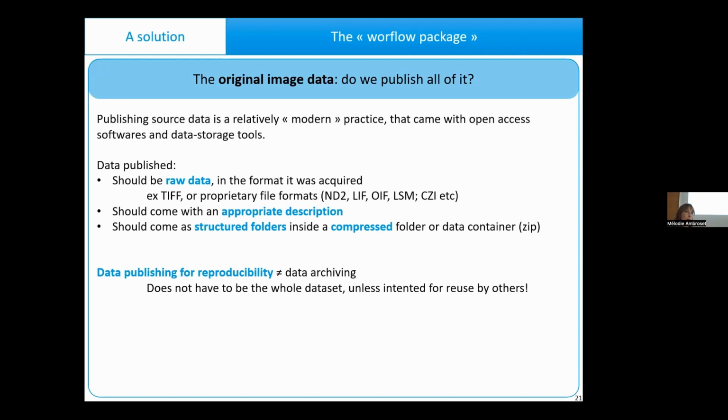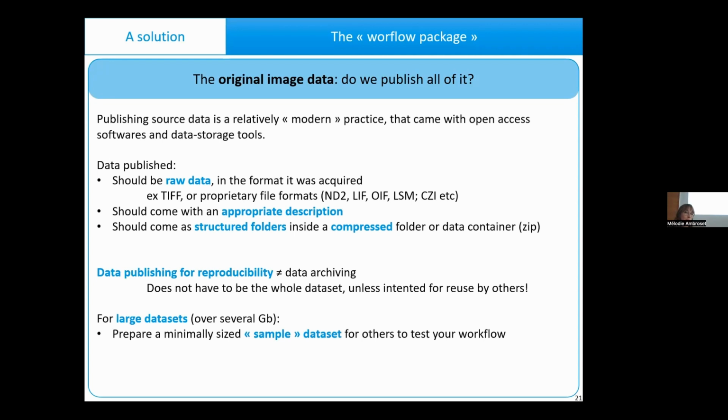And basically, you don't have to prep the images as much as you would for archiving. You can give them as they are. And finally, for large data sets that are over several gigabytes, such as is my case, for example, you should prepare a minimally sized sample data set for others to test your workflow and trust your process.